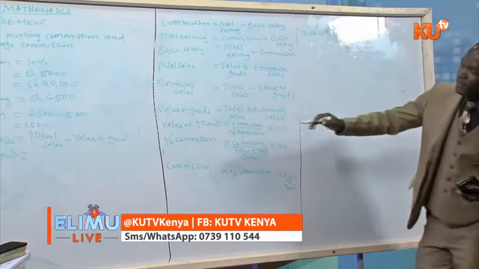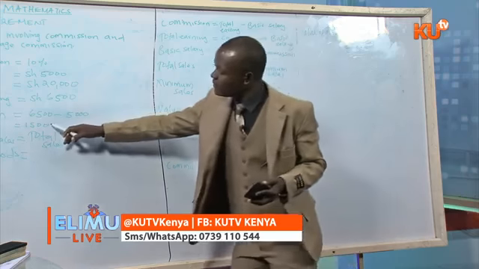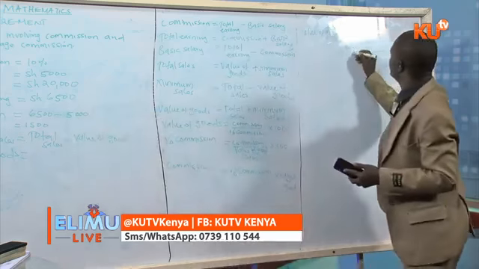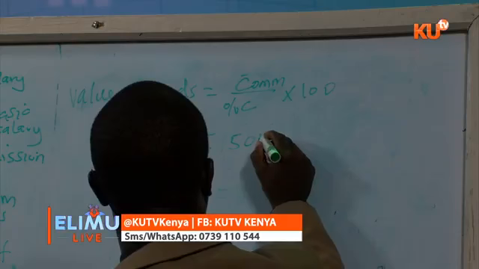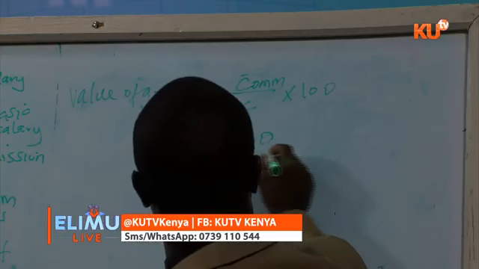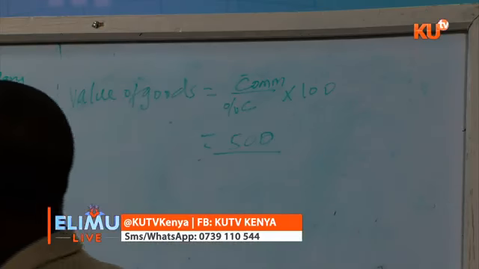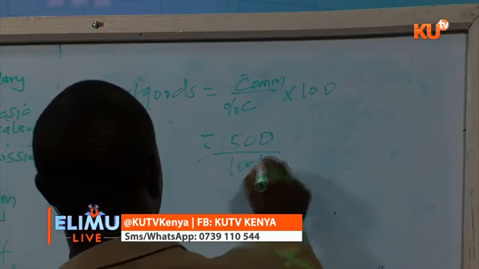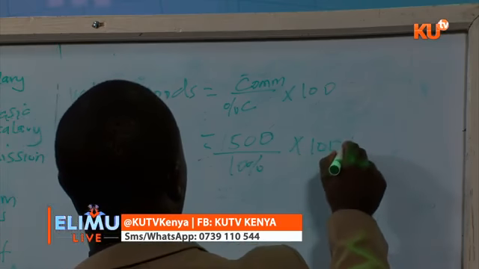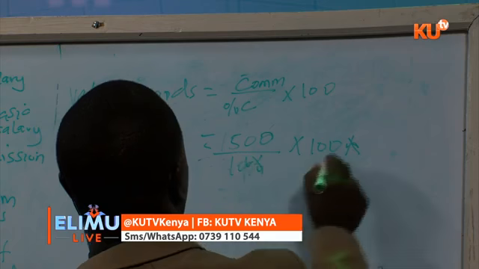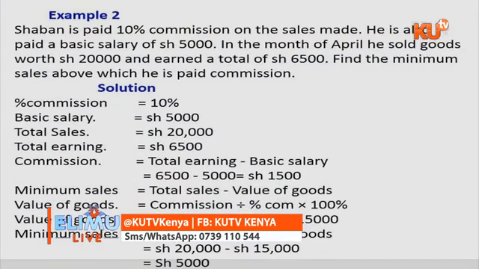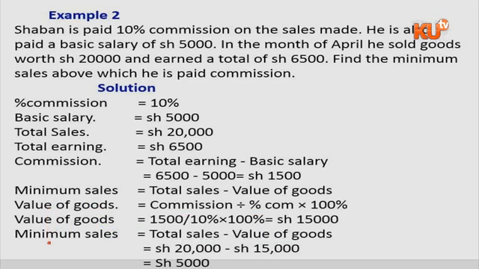So we write the commission that he got was 1,500. Then divide by the percentage commission, which was 10%, then times 100%. So this one will give us a total of 15,000. So the 15,000 is the value of goods from which he was to get commission.